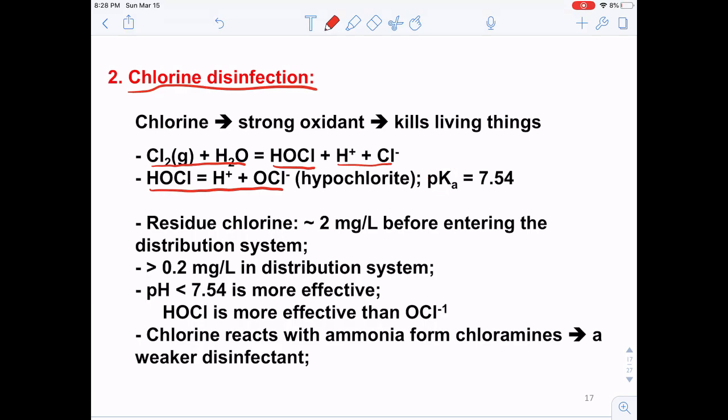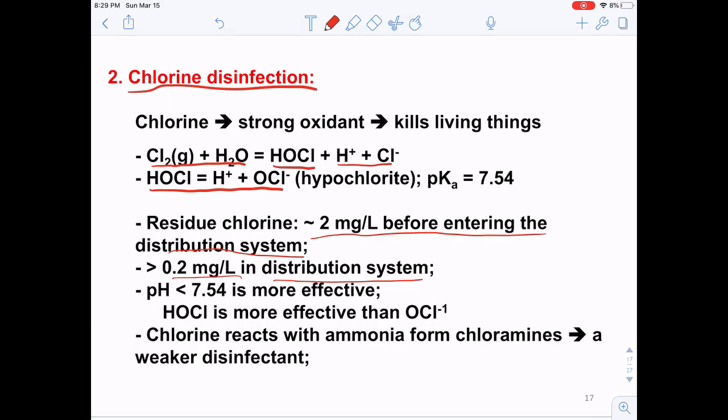And in terms of the amount of chlorine we need to put in the water, we need to guarantee that the concentration of the chlorine is around 2 milligrams per liter before it enters the distribution system. And also the concentration of the chlorine in the water in the distribution system, let's say from the tap water, should be larger than 0.2 milligrams per liter. So in this way, it can also disinfect the water within our homes, right?